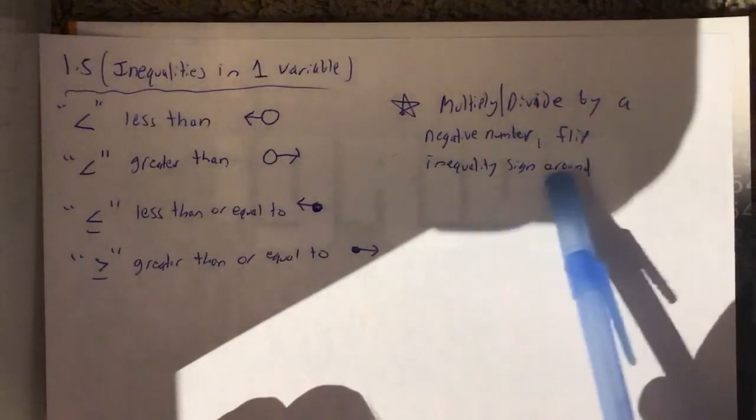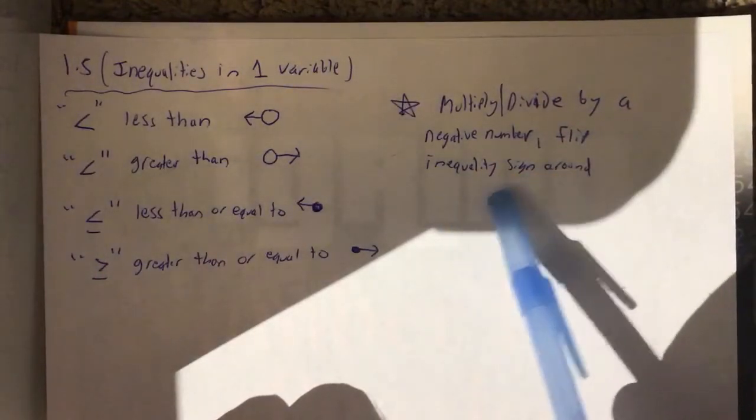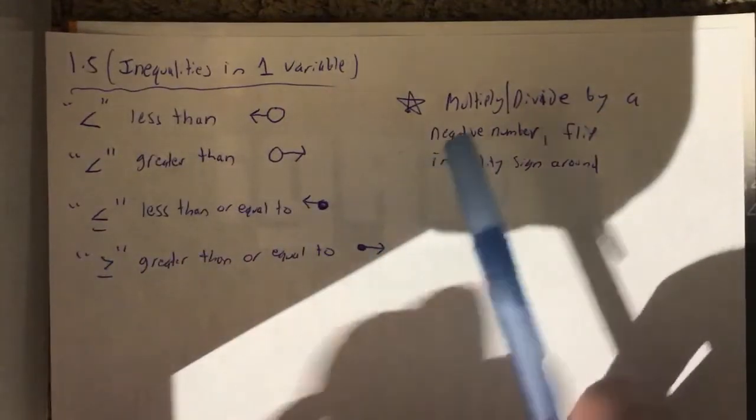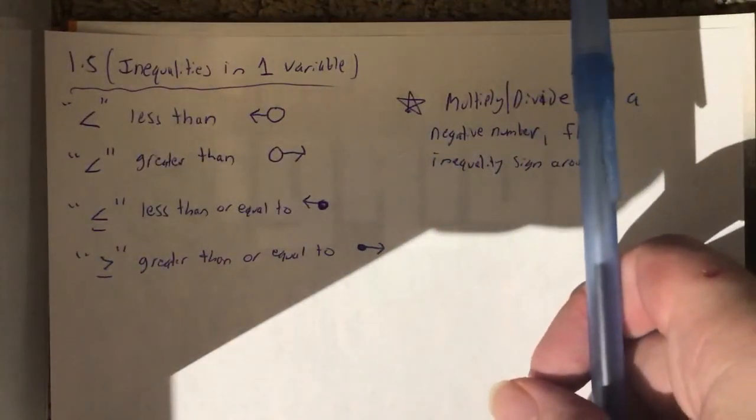So whenever you multiply or divide by a negative number, you flip the inequality sign around to keep it true. Otherwise, it won't match your solution at the very end.